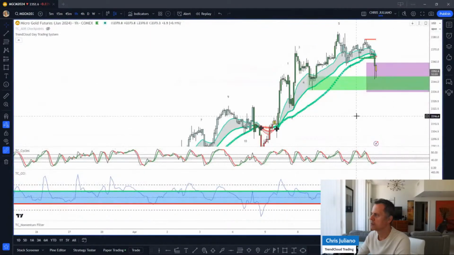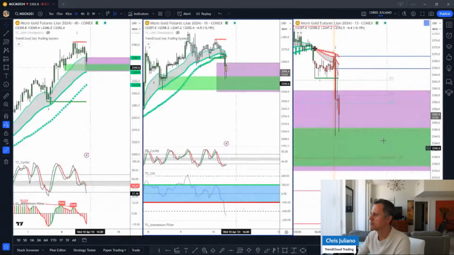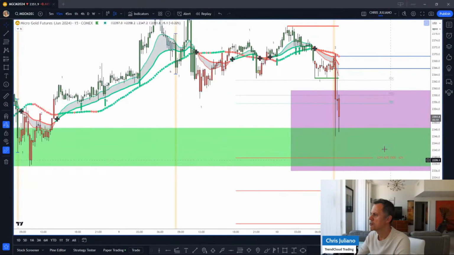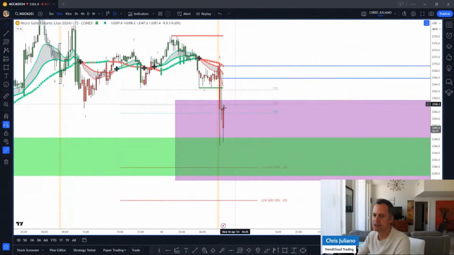Let me show you. In this situation, even though you're hitting a demand zone on a higher time frame, if you have momentum on your high time frame and middle time frame going down, you could get something like this.